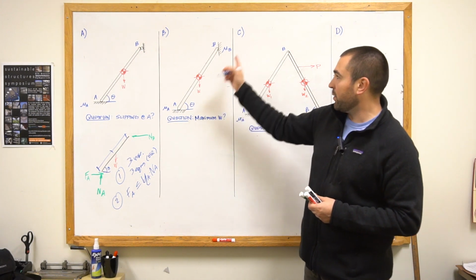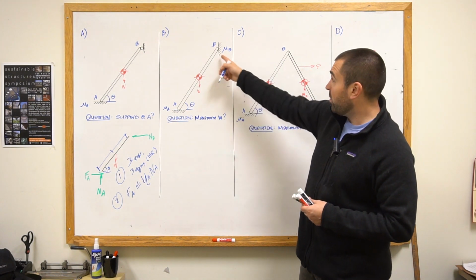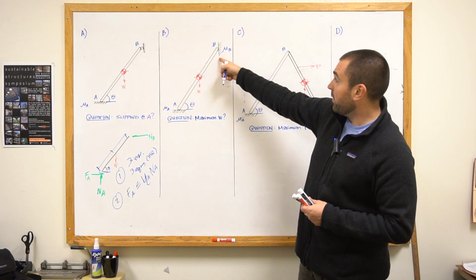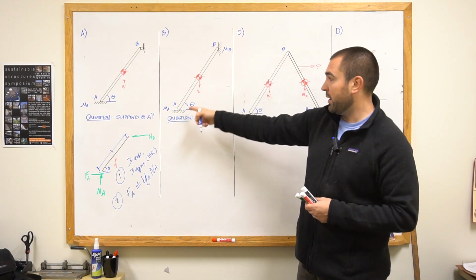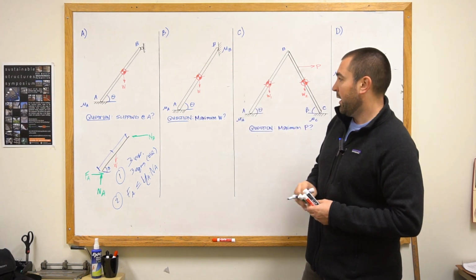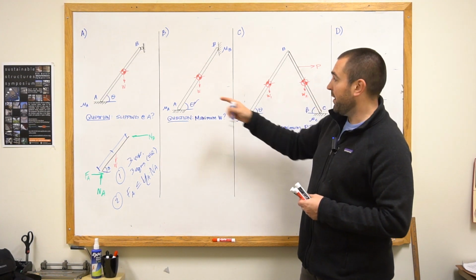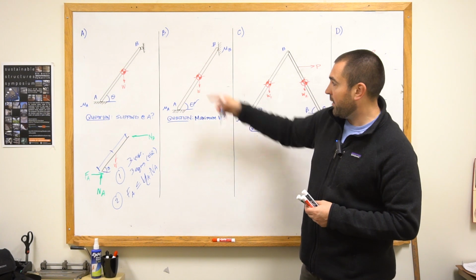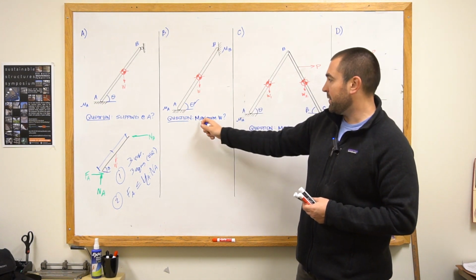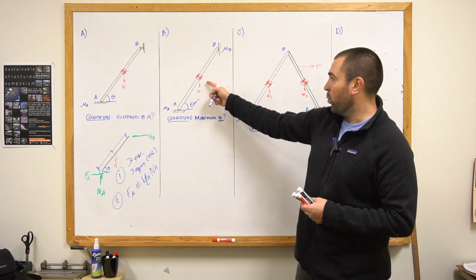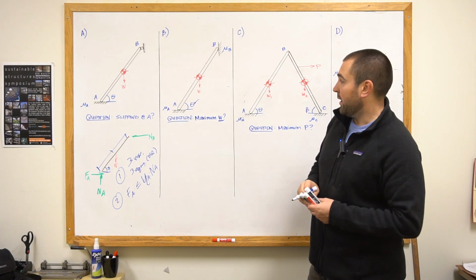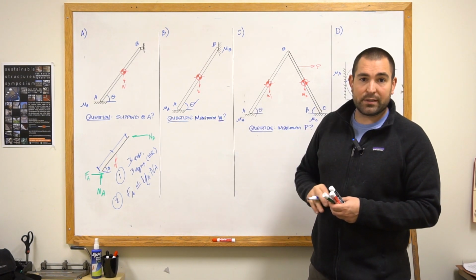So this is a very similar problem, but now we have a support with friction at B and a support with friction at A, and just like before, we know the geometry. But here, instead of giving us the weight W, it's asking us to find the maximum weight of the ladder in order for this to not slip.